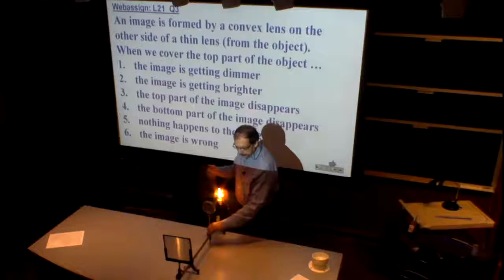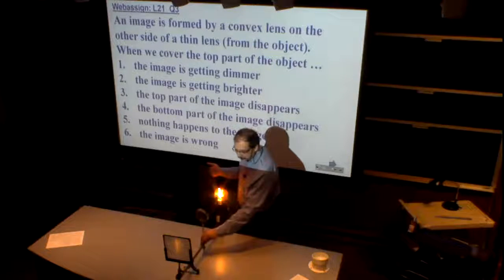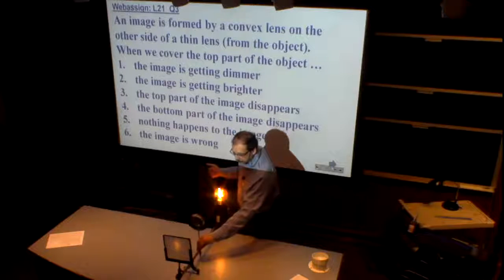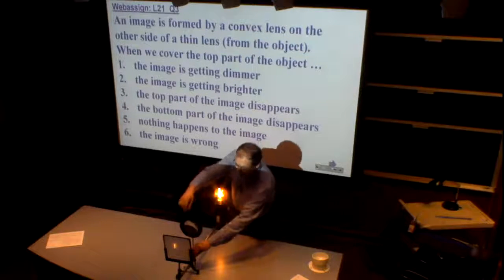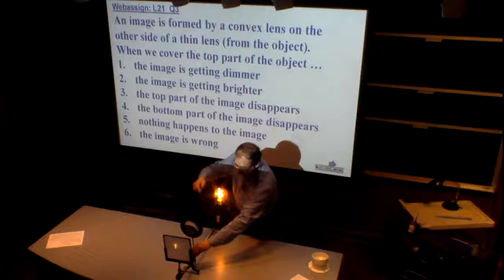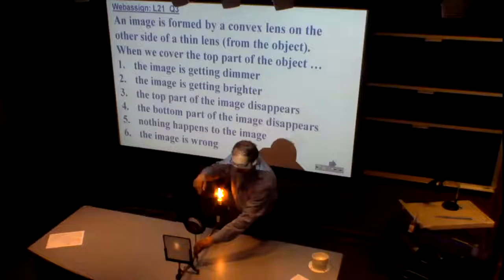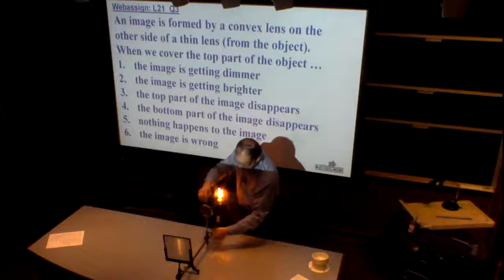There is a specific location for this lens when we see a sharp, enlarged image, and there has to be a second location when we see a sharp, reduced image. Of course, we can calculate the distances, and of course, there has to be symmetry. Right now, this distance is equal to the distance which the lens was away from the source when the image was sharp. Well, but the question is not about this.